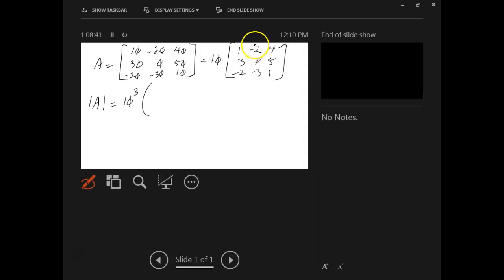So we start, we're going down the second column. Where do we begin there? Okay, it's a negative position, so it's going to be minus a minus 2, so that's just going to be 2.